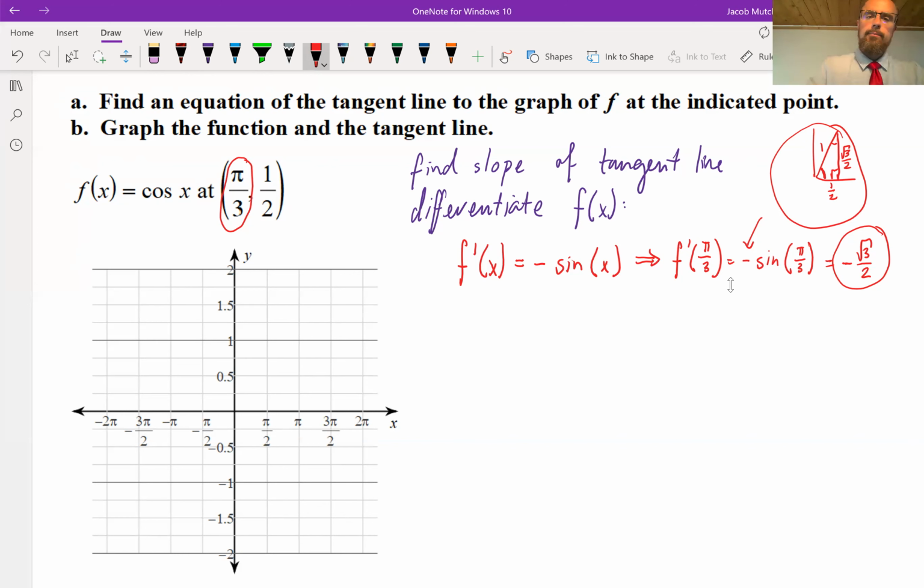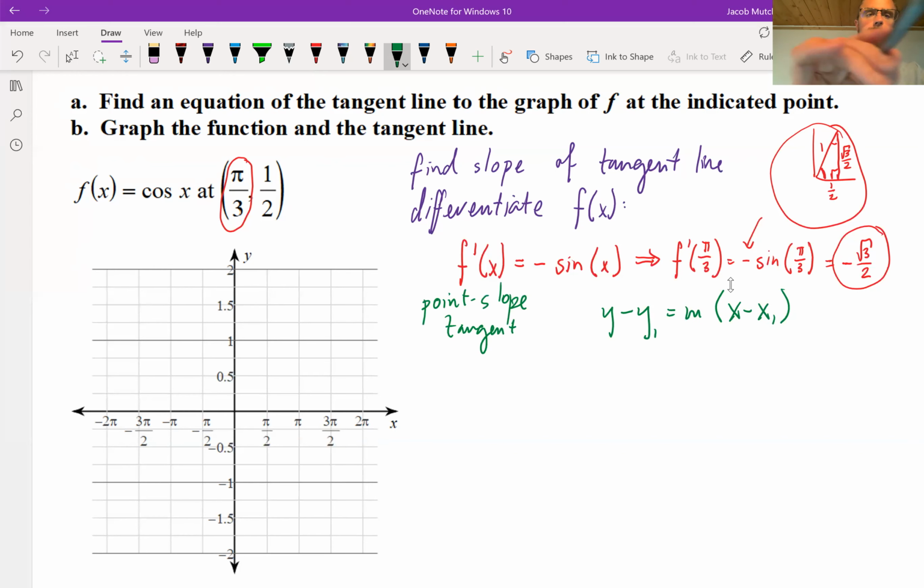So at this point, I'm ready to start writing the point slope form of the tangent line. And remember, point slope in general is y minus y1 equals m times x minus x1. And there are three things that we fill in.